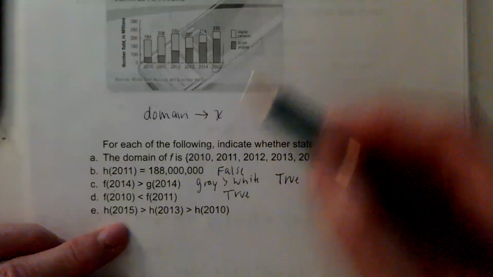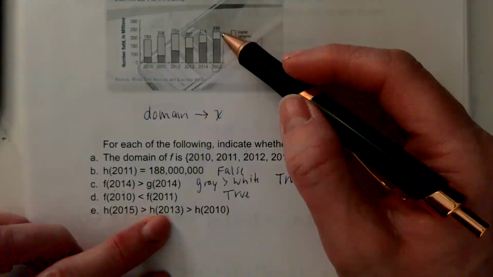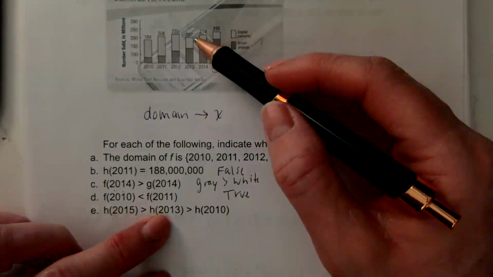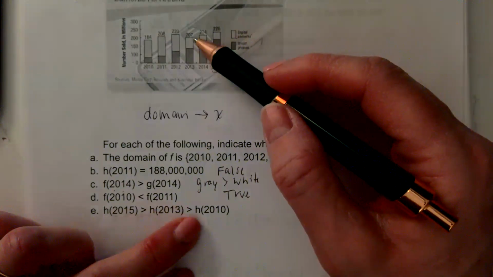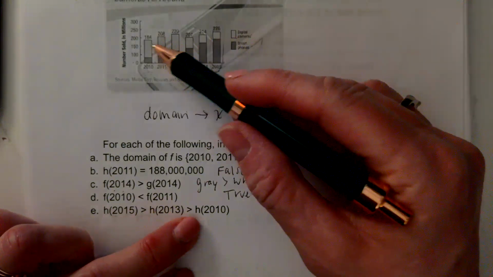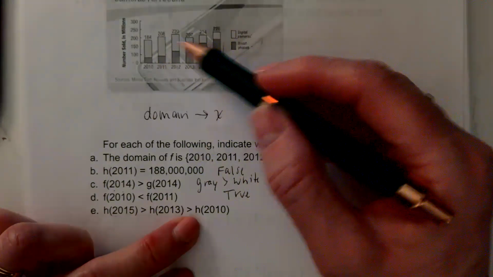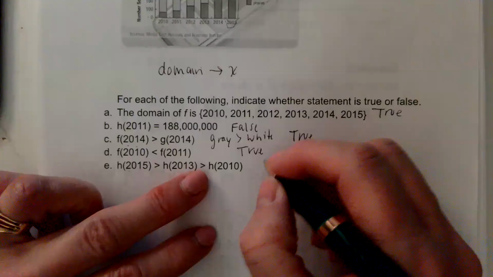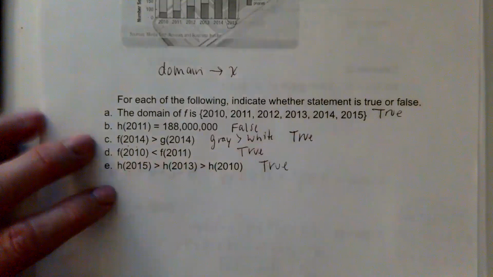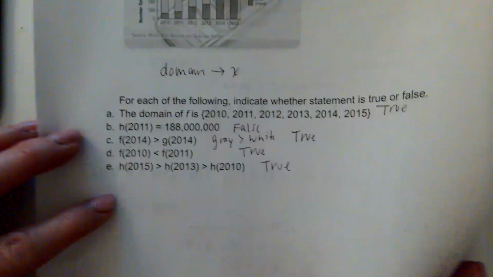Okay, so we're saying 2015 is bigger than 2013. That's true. And is that bigger than 2010? That is true. So 2015 is bigger than 2013, which is also bigger than 2010. That is also true. You're doing great.